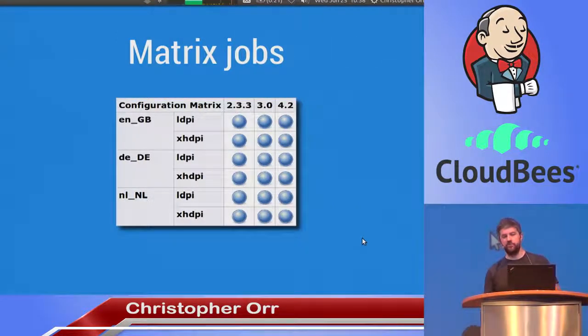Well, we can use the power of the matrix job, or the multi-configuration job, in Jenkins. So this lets you run basically the same job configuration, but with some variables. As Android developers, the most important variables to us are Android version, the screen size or the screen density that you want to test, and locale, so which languages you're going to support.